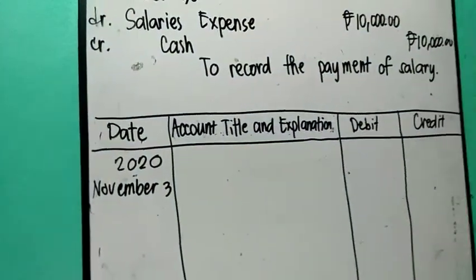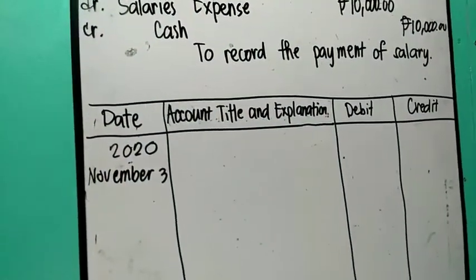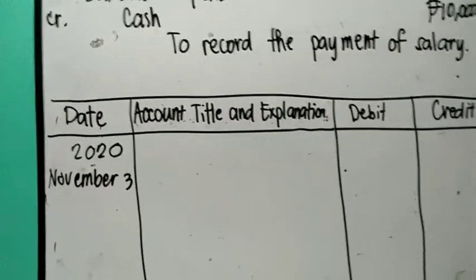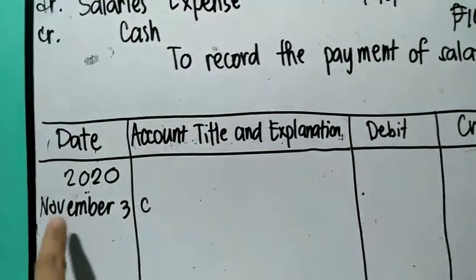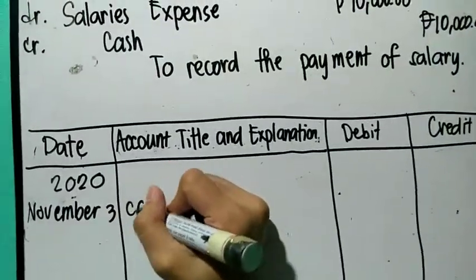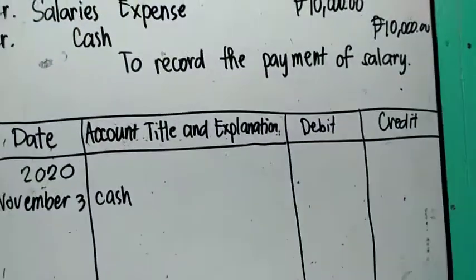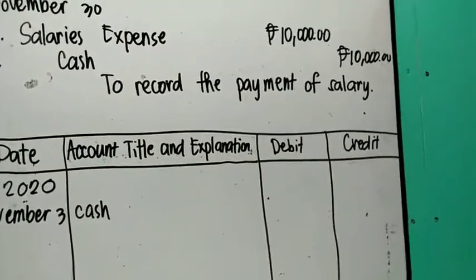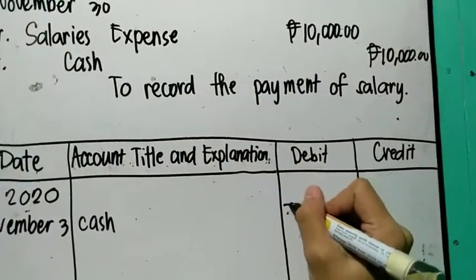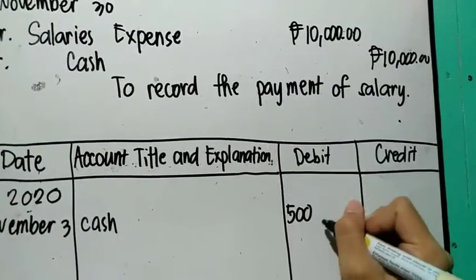Do you still remember the transaction in November 3? So it was cash. So put it here, beside. So you have your cash. So was cash in the debit or the credit side? It was in the debit side. So that's 500,000.